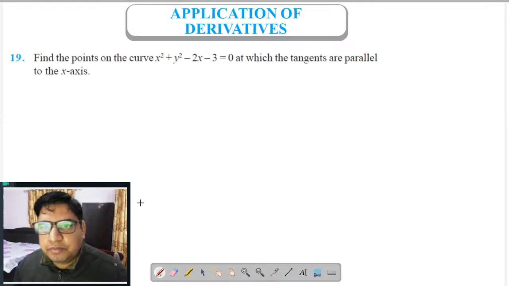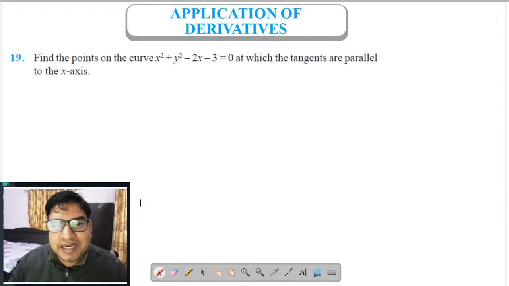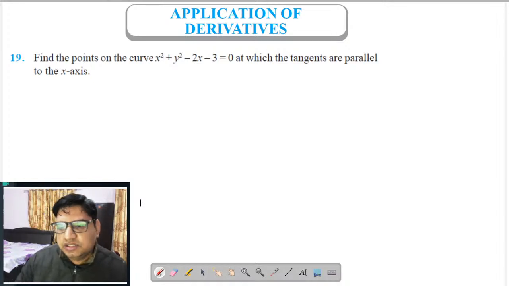Here we have: find the point on the curve at which the tangents are parallel to the x-axis. So guys, when the tangents are parallel to the x-axis, as we have discussed, dy by dx is equal to 0. Tangents are parallel to the x-axis, meaning dy by dx is equal to 0.